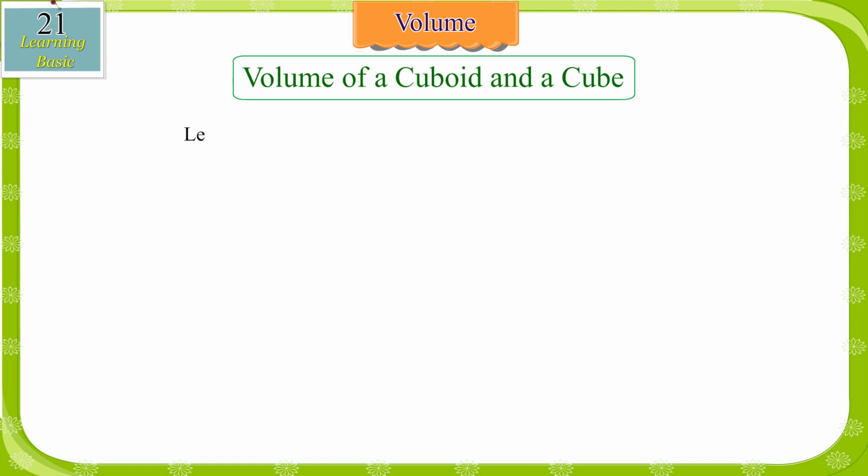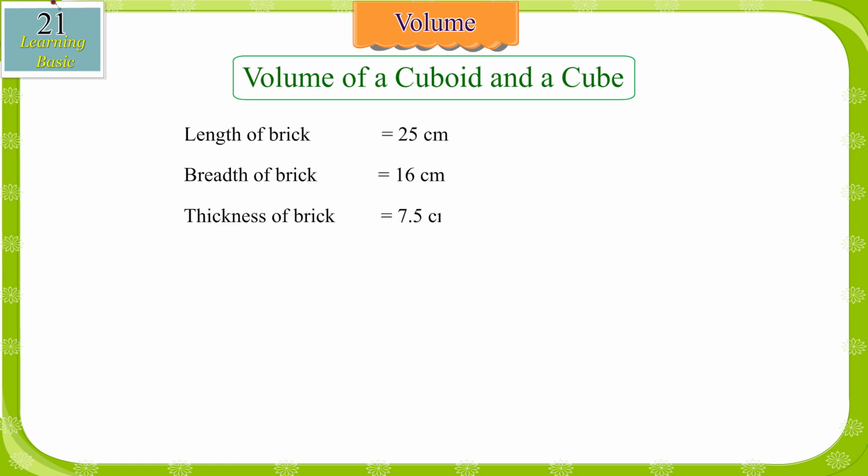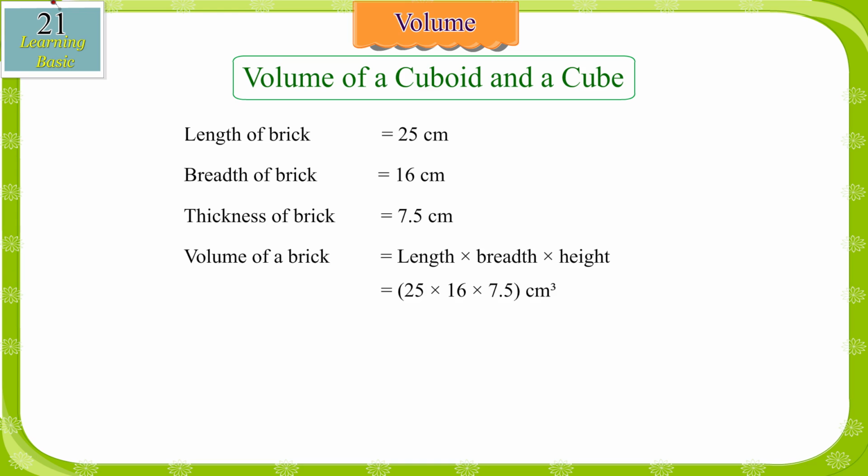Length of brick is equal to 25 centimeter. Breadth of brick is equal to 16 centimeter. Thickness of brick is equal to 7.5 centimeter. Volume of a brick is equal to length into breadth into height is equal to 25 into 16 into 7.5 centimeter cube.